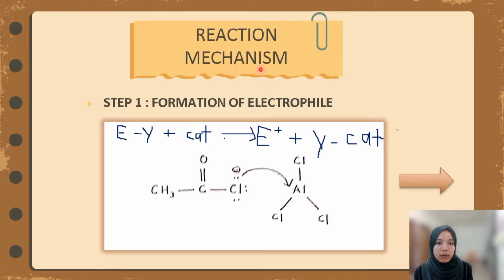So here is the reaction mechanism of phenylethanone. The first one is step 1, formation of electrophile. So here the ethanoyl chloride, RCOCl, where R is ethanoyl and Cl is chloride, plus the catalyst aluminum chloride. As we know, chlorine here is negative, and negative will attack positive, so it will be like this.